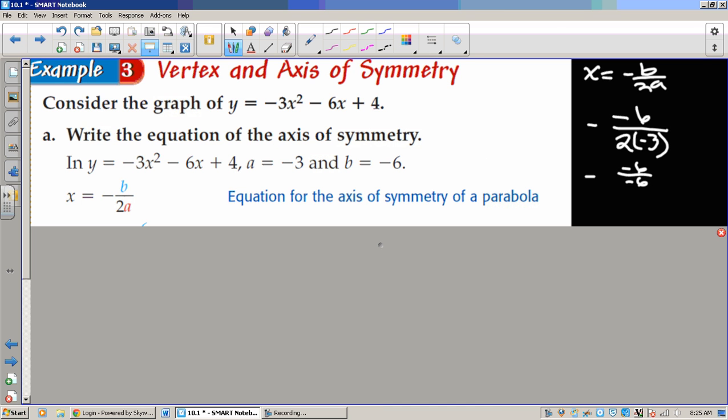Negative 6 divided by negative 6 equals 1, but this negative out here changes it. So our axis of symmetry, in this case, is negative 1.